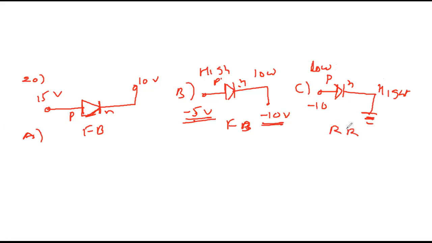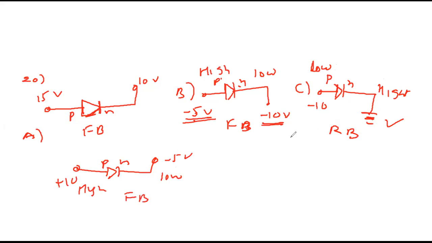So this is reverse. This is our answer. D वाला भी चेक कर लेते हैं क्या है. ये -5, ये +10, तो वापस ये हाई, ये लो, मतलब ये फॉरवर्ड. तो C अपना रिवर्स बायस है ना. C is reverse bias.